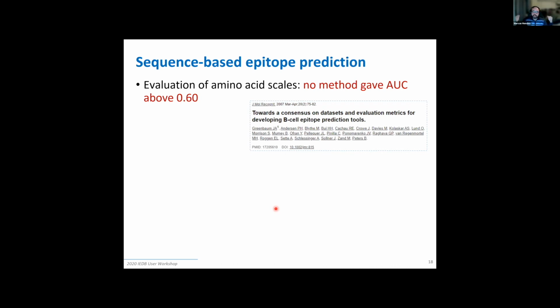For example, if you have a big protein, you can narrow down some regions that could possibly be an epitope, and you can start with those regions. The results are not that good, but it still can be very informative. You can learn about that. You can use this as a kickoff to your study.